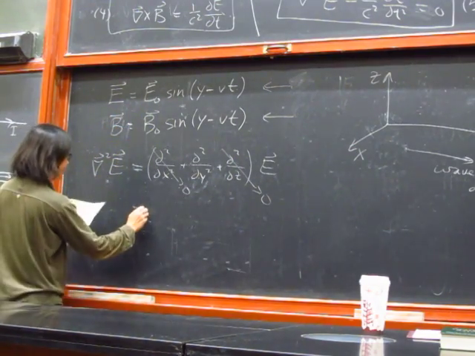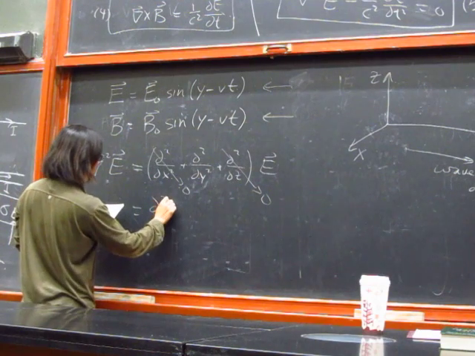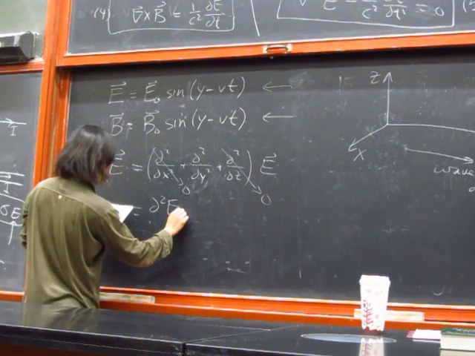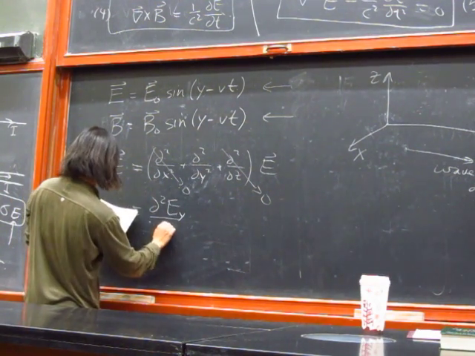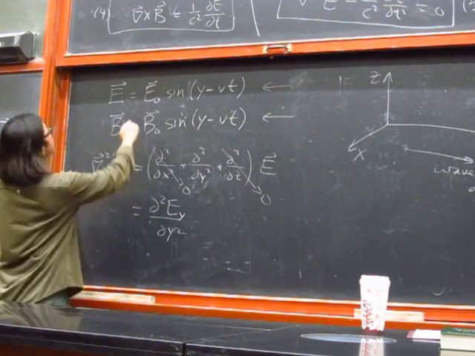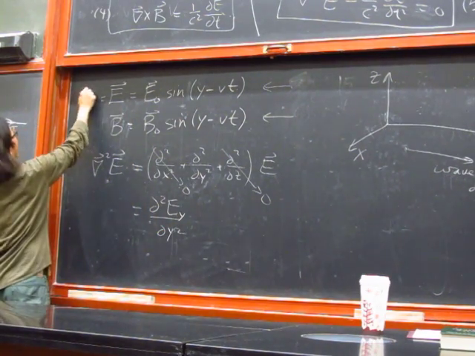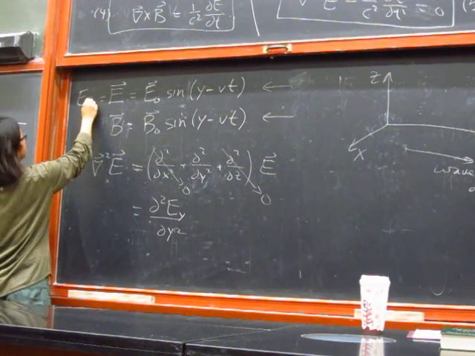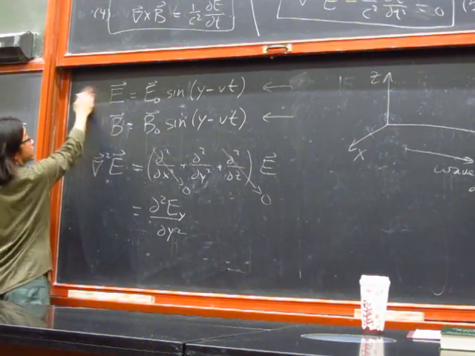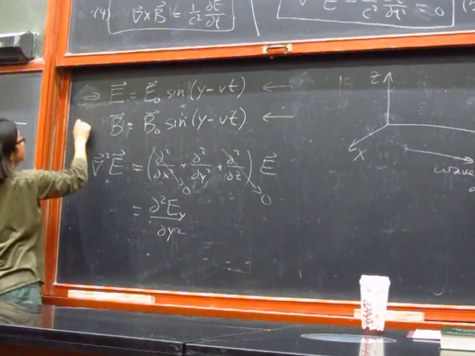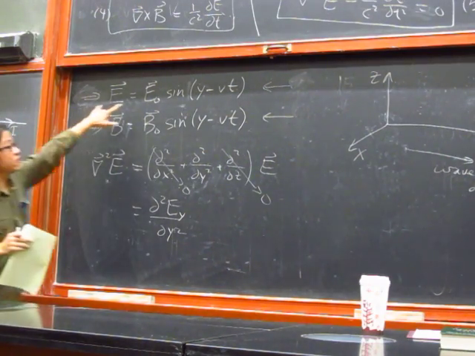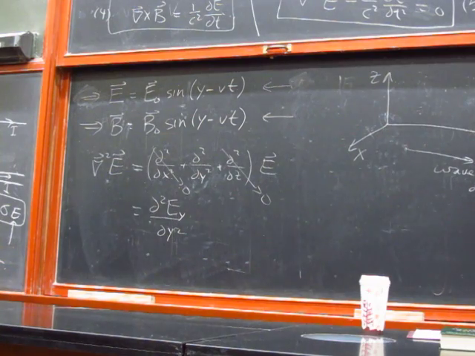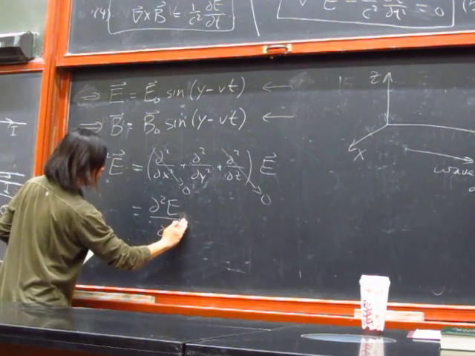So this becomes just the second derivative with respect to y of E. I'm not defining the expression for now. This is the functional form of the wave.